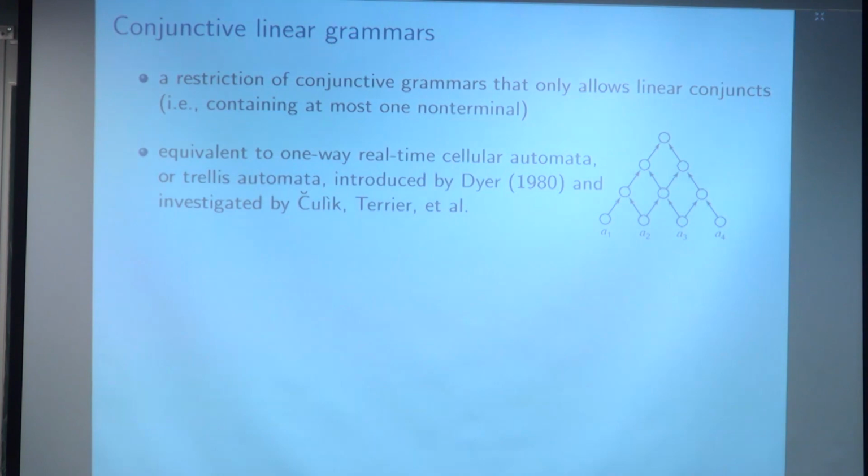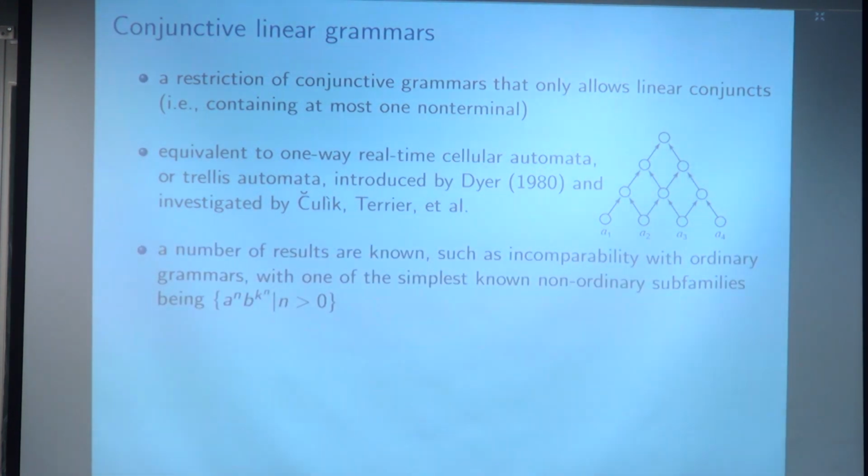And there are a bunch of results known about these languages, such as their incomparability with context-free languages, and some conditions for the language to be recognizable or unrecognizable by such automata. And one of the simplest non-context-free subfamilies is as follows, with some fixed k.